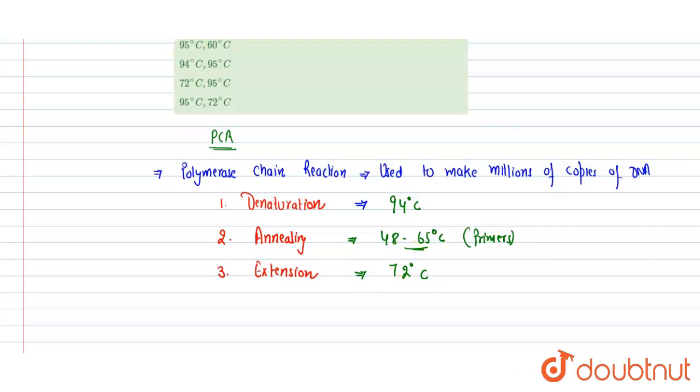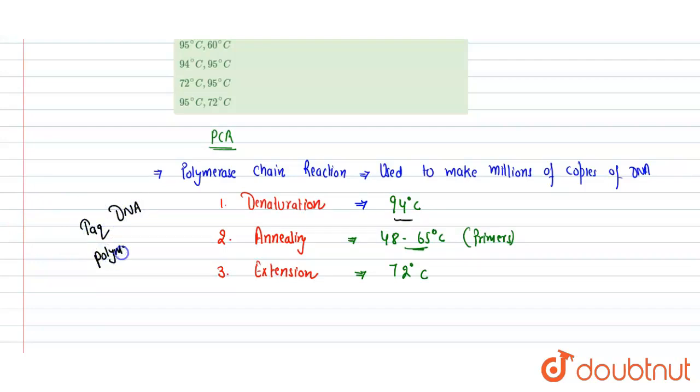Now the enzyme that is used for polymerization should definitely be one which can tolerate that much high temperature, because the highest temperature, in denaturation, is 94 degrees. So we can say that the enzyme used is the Taq DNA polymerase.